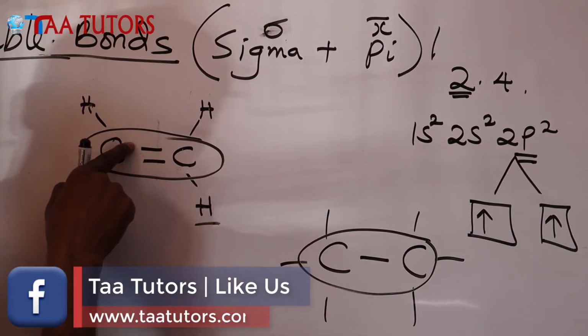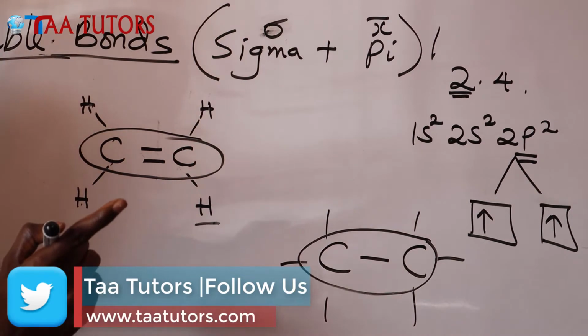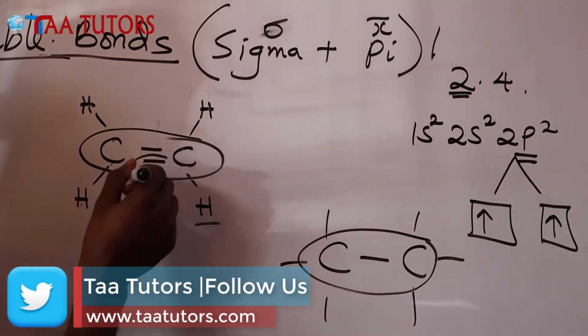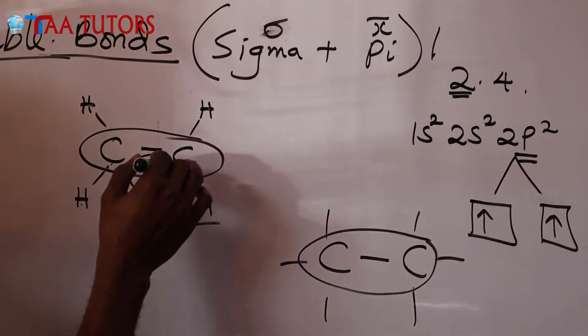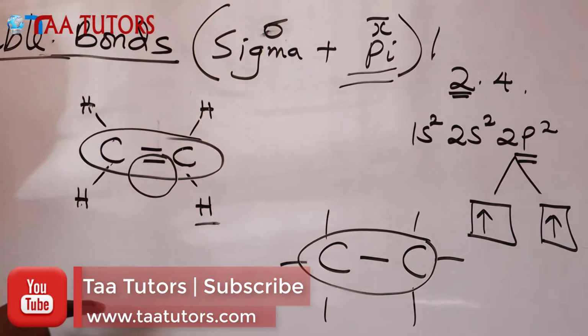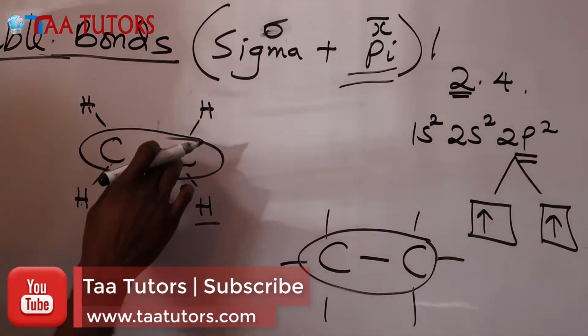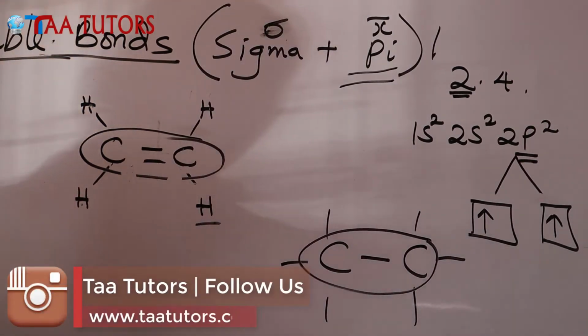There's a sigma bond and a pi bond, the sigma bond being stronger and the pi bond being weaker. That explains why ethene can easily undergo addition reactions, because we can easily break the pi bond, leaving only one single sigma bond. So we have to understand that pi bonds are much weaker compared to sigma bonds.